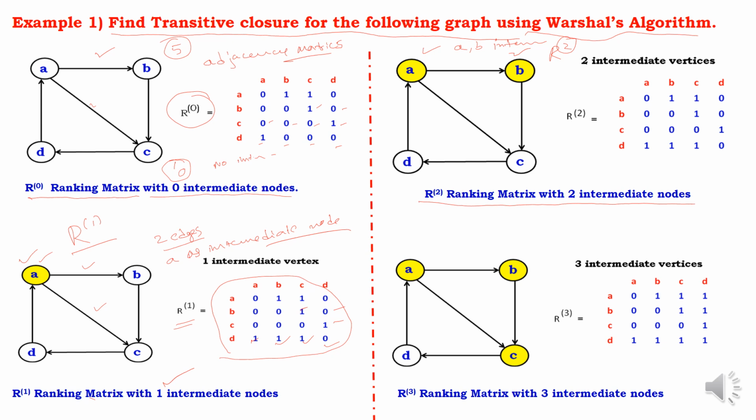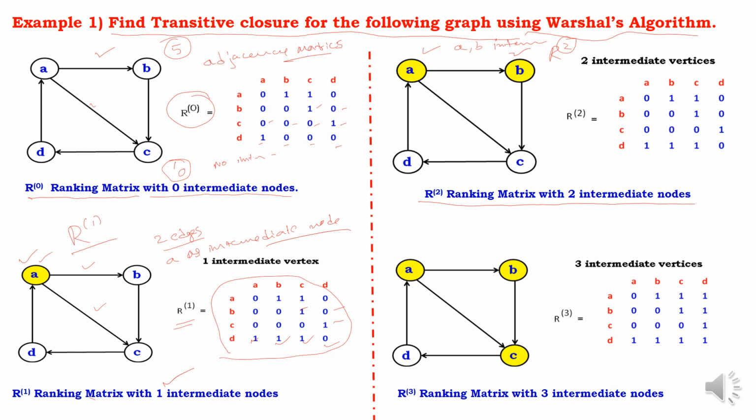Suppose B to C, then D, A, B, C, D, A, C, you can assign like this. Then C, D, A, C, D is allowed, but C, D, A is not allowed.